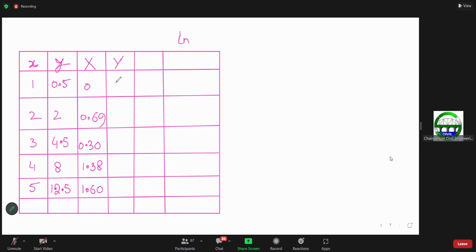Similarly, natural log of 0.5, natural log of 2 will be the same, right? 0.69.